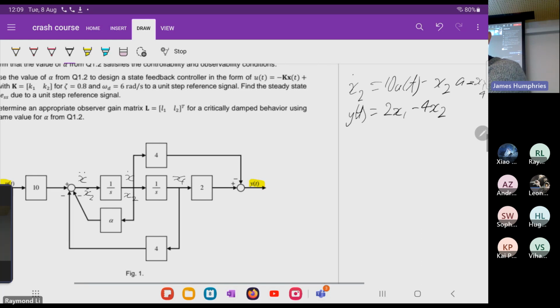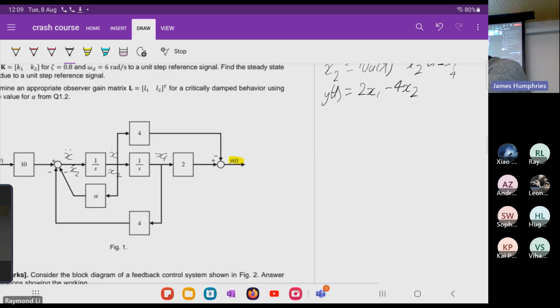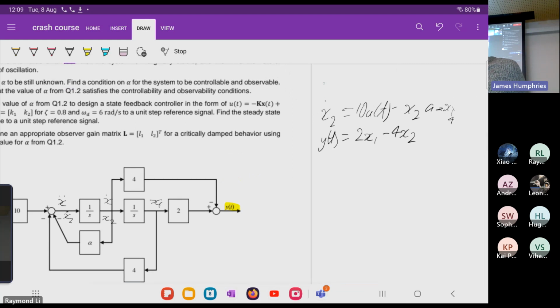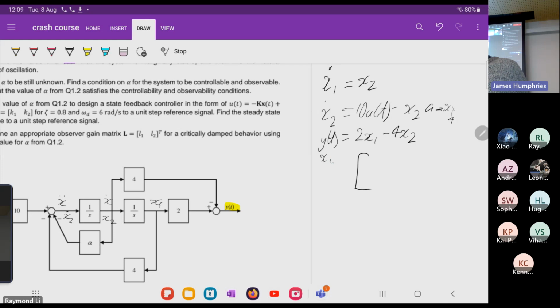Okay, and now we wanted to find a state space representation. And we also know that X1 dot is equal to X2 because, well, that's what we set up here. Make sense? Cool. So from there, I'm going to have my X1, X2 dot is equal to this representation of X1, X2 plus u.